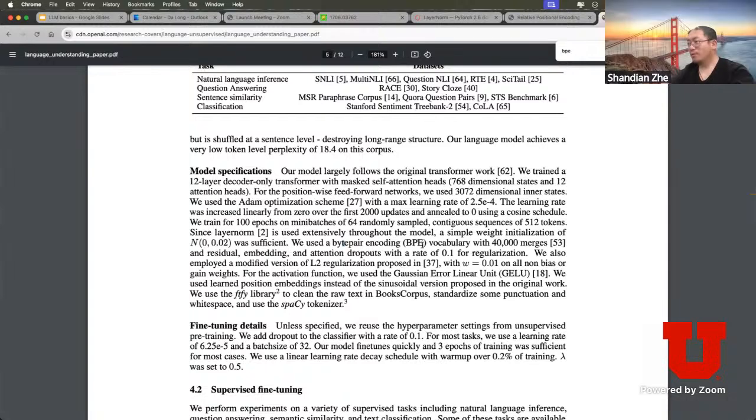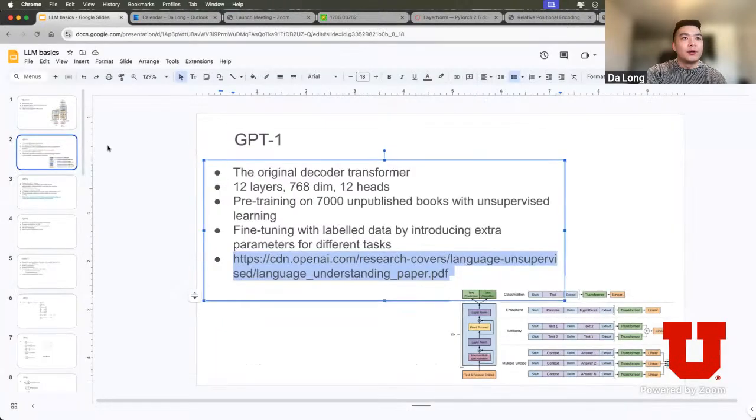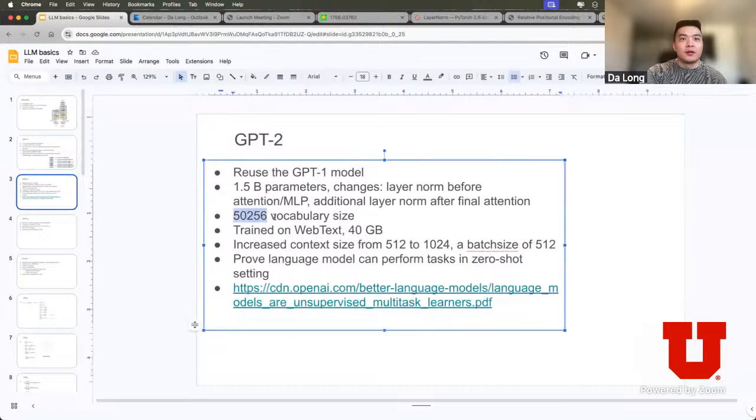So that means, for example, one English word can be decomposed into several subwords, and then they will add them to the vocabulary. I remember GPT-2 actually has a 50,000 vocabulary size. Okay, that's huge.